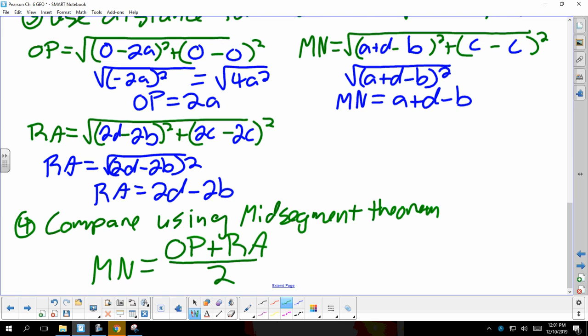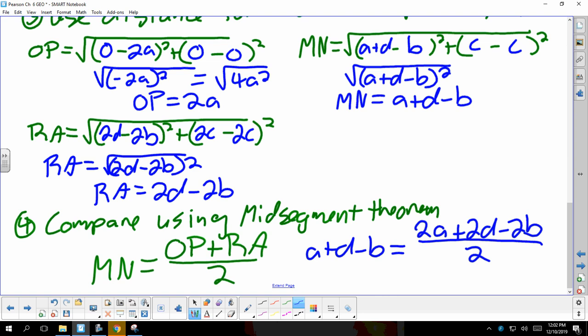All right, so let's plug these in. So I have MN, a plus d minus b. Does that equal OP here, 2a, plus RA, 2d minus 2b, all divided by 2?